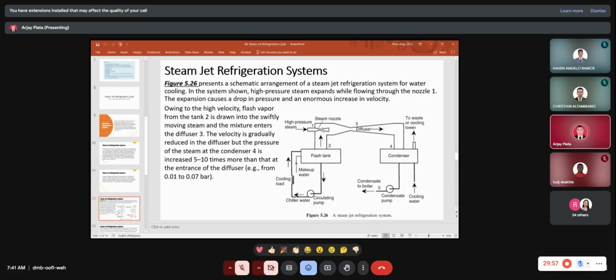This is our steam nozzle. This large enclosed equipment here is the steam jet ejector. As you can see here, there is high pressure steam.